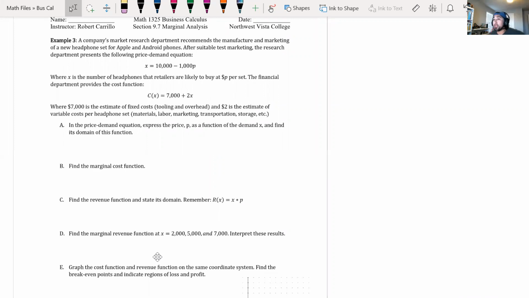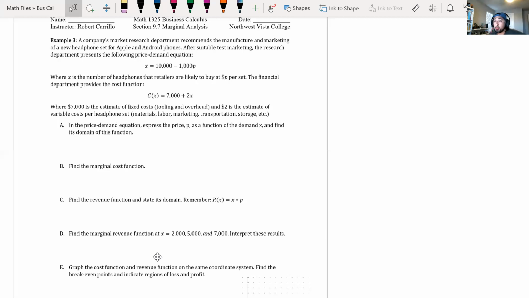A company's market research department recommends the manufacture and marketing of a new headphone set for Apple and Android phones. After suitable test marketing, the research department presents the following price demand equation: X equals 10,000 minus 1,000P, where X is the number of headphones that retailers are likely to buy at price P per set.